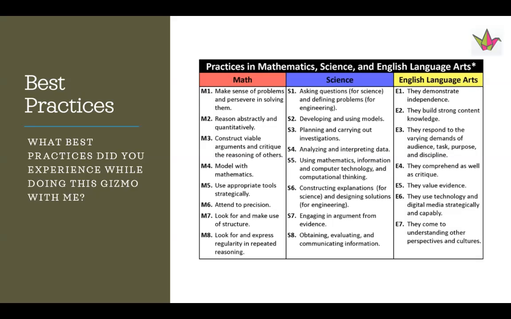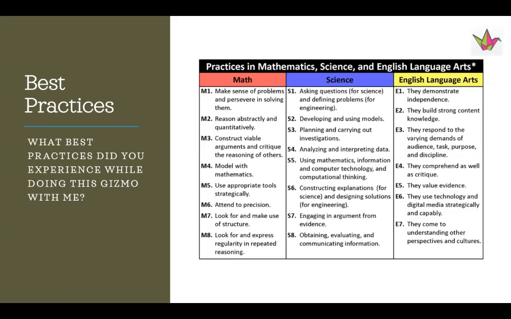And then let's talk about some of the best practices that we would see in some of the core subjects, right? Crossing math, science, and English together. So let's add to your Padlet discussion, right? So let's take a look at some of these best practices in the different subjects. And I know for sure we did E1.